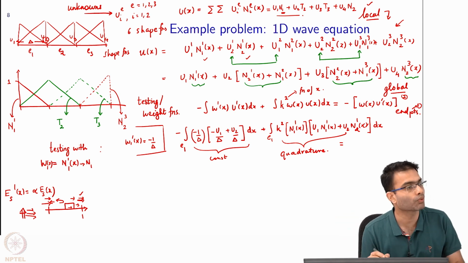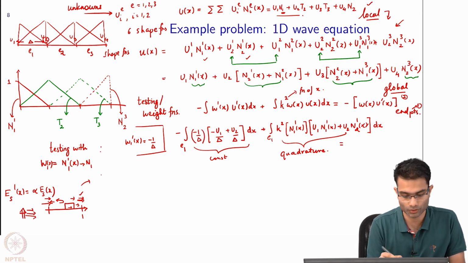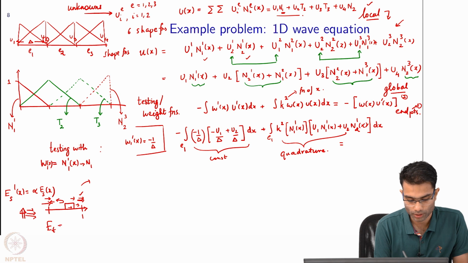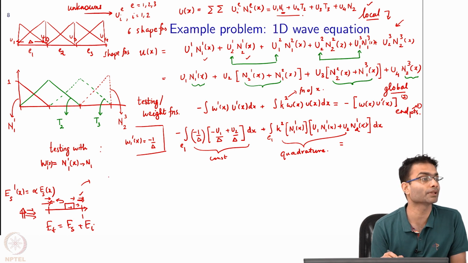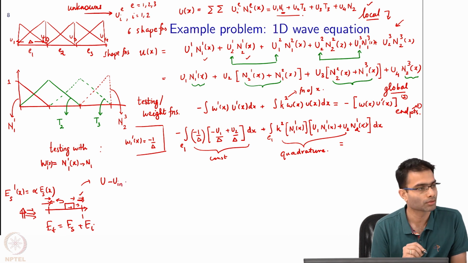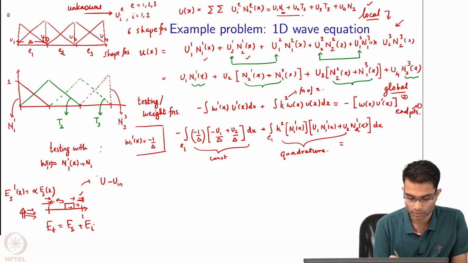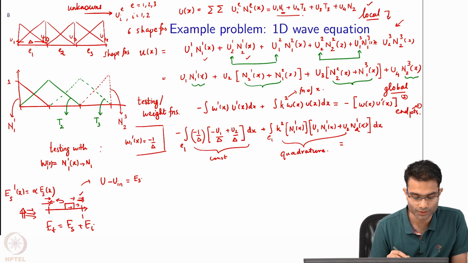So, in terms of u, what will I write this as? E scattered, so we know that E total is E scattered plus E incident, right. So, all I have to do is, since my variable is E total, E scattered will be u minus u incident, right. So, this is equal to E scattered. Okay. So, now let us use the boundary condition.